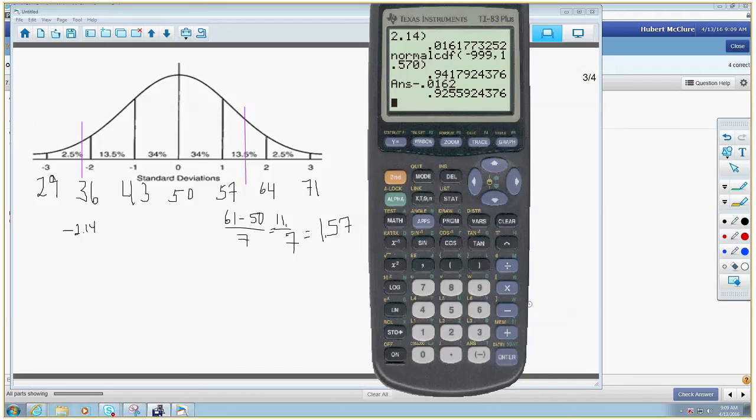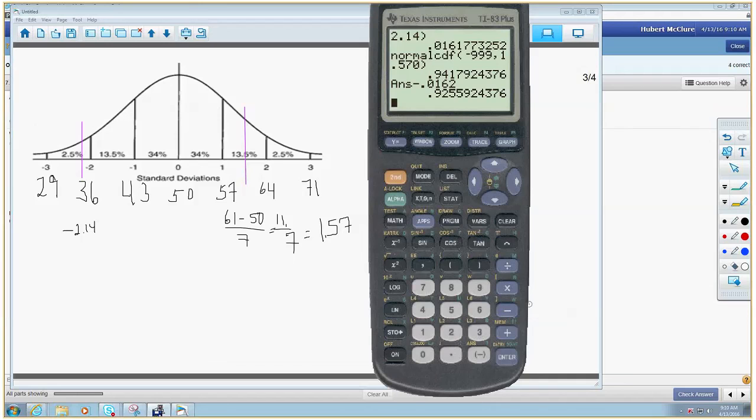Yeah, but no, you don't. You just type in, remember, z-scores are 2 digits, 2.14, and then 1.57, and enter. You got a screwed up calculator.